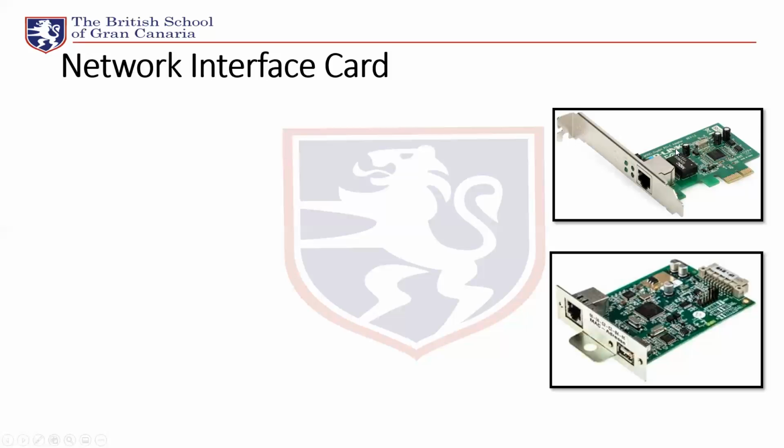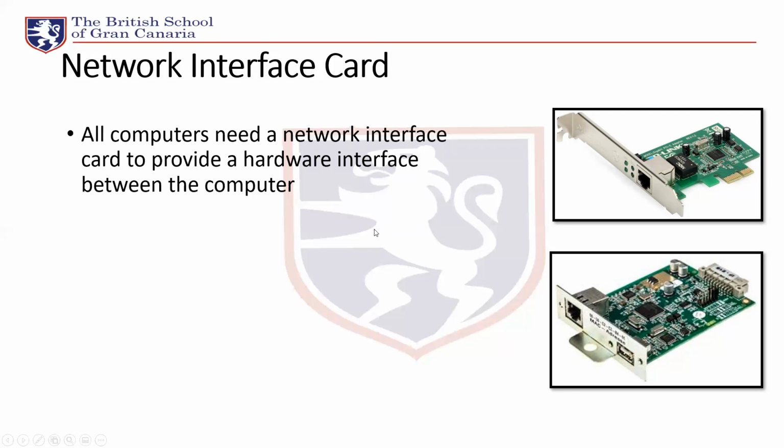If you take a look at the back of the computer, you'll be able to see those ports. All computers need one of these devices to be able to connect to a network. If they don't, they can't connect.